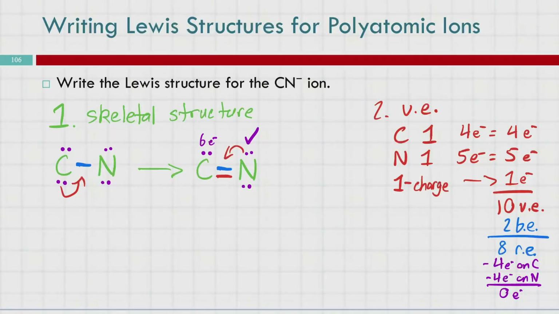So let's add this top group in. And now if we do our counts, there's 6 electrons in the triple bond. Each of them has a lone pair also. They both have their octets.